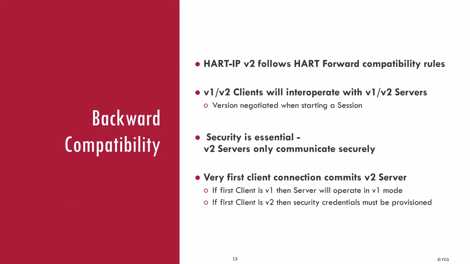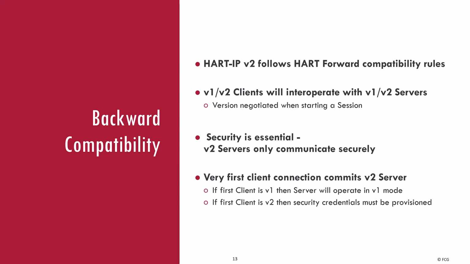Backward compatibility and interoperability are core principles of HART protocol. And as we improved HART-IP to make version 2, we followed those rules. That means version 1, version 2 clients will interoperate with version 1, version 2 servers. That's what we would expect. Security is essential, so version 2 servers will only communicate securely.